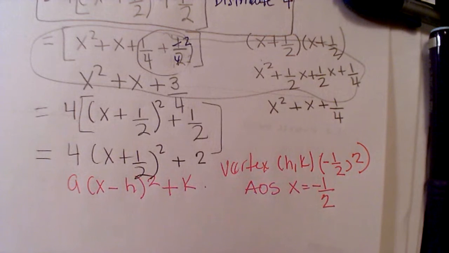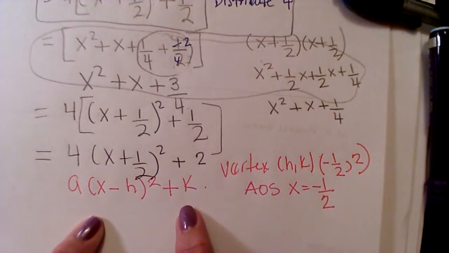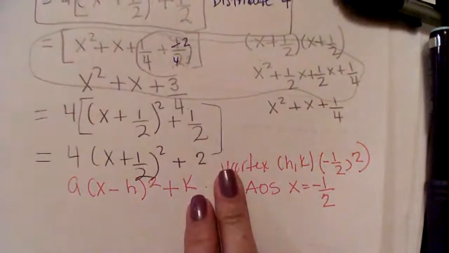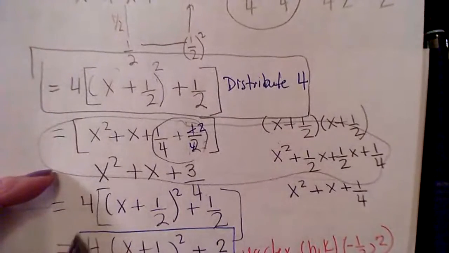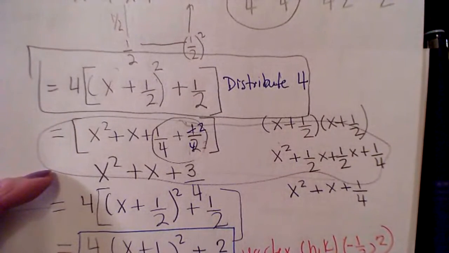Now, we just need to find the intercepts, okay? So let's go ahead and do that. So this is what we have. This is the one that we got here, right?